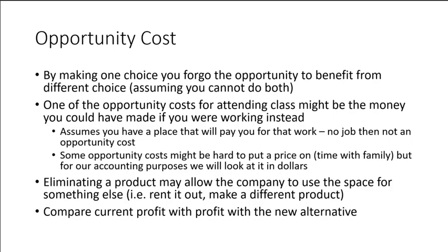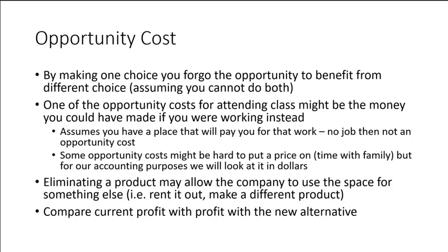So if we can eliminate a product, it may allow us to do something else with that space, with that machinery: make another product, rent it out to someone else, sell it, whatever. So we compare the current profit with the profit with the new alternative. If you're just eliminating the product, that keeps it relatively simple.